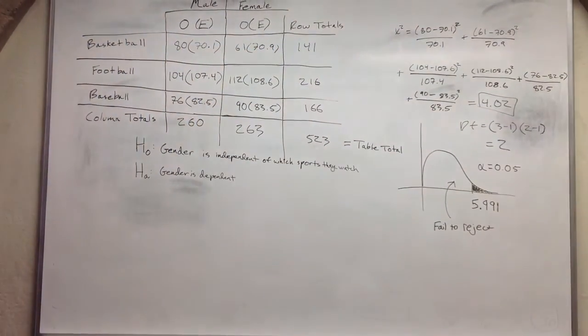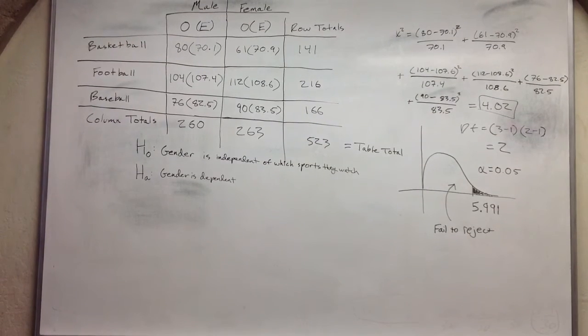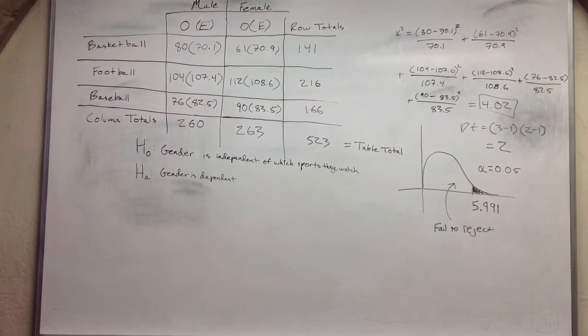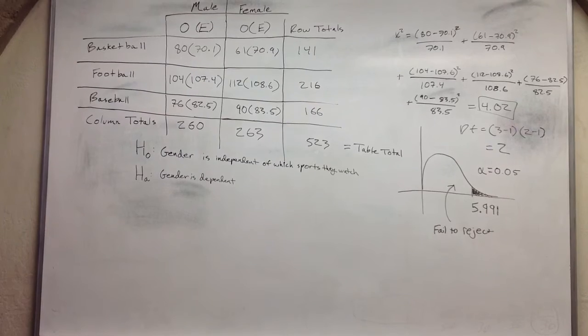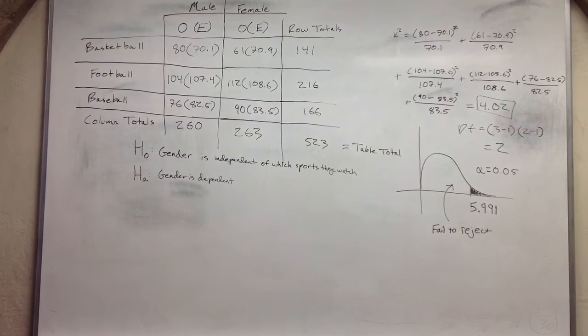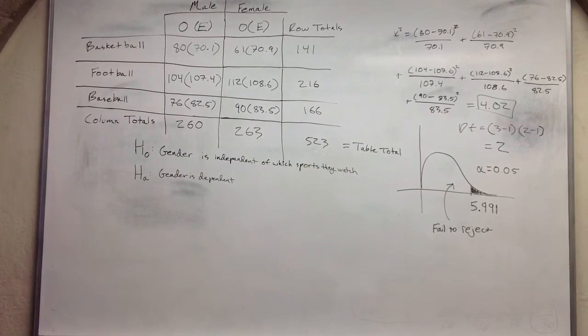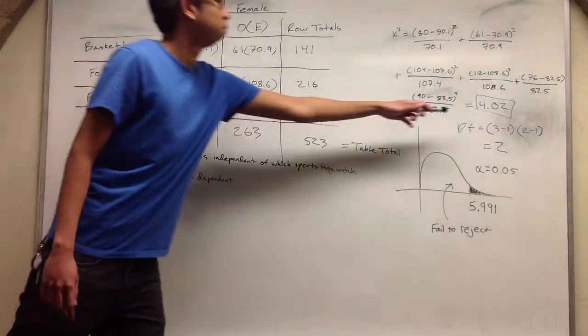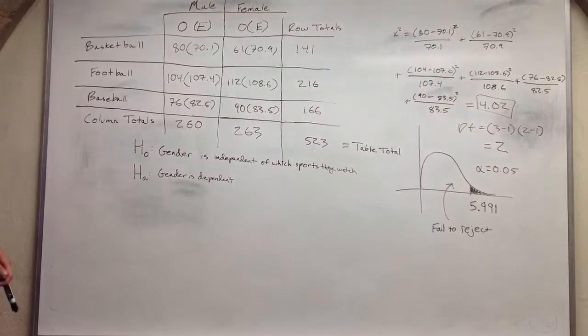You have to do that for every section. So you do it for males basketball, females basketball, male football. You add all the numbers together, and you end up getting 4.02 for chi-squared.